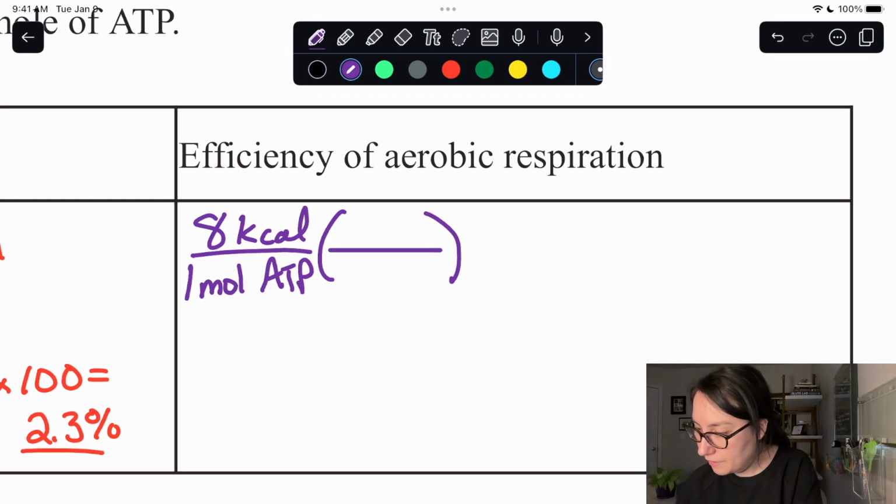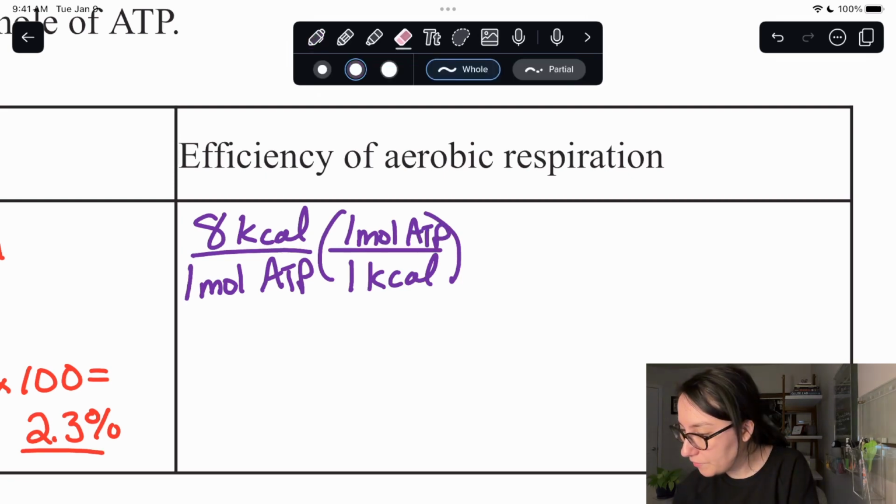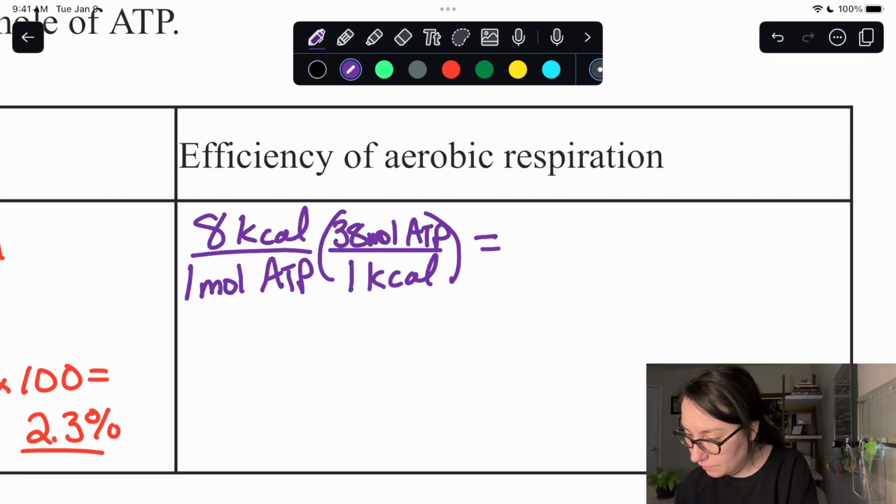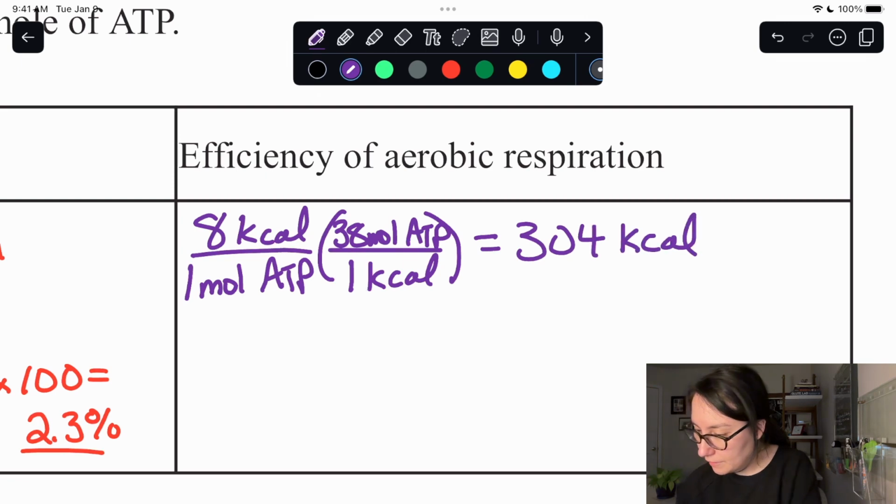And then up here, you're going to say for every 1 kilocal, you have 1 mole ATP. Well, not 1 mole, it's 38, excuse me. 38 mole ATP, which then turns into your 340 kilocal. Then you bring that down here, 304 kilocal.